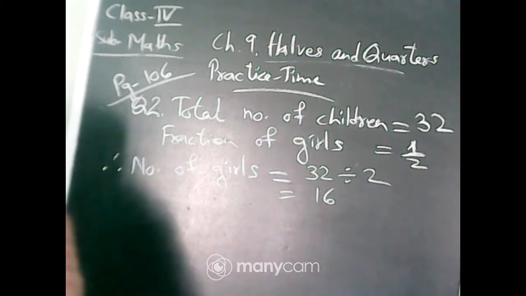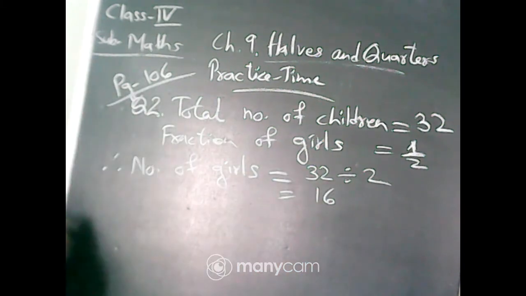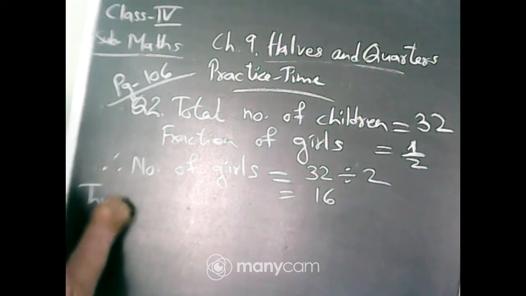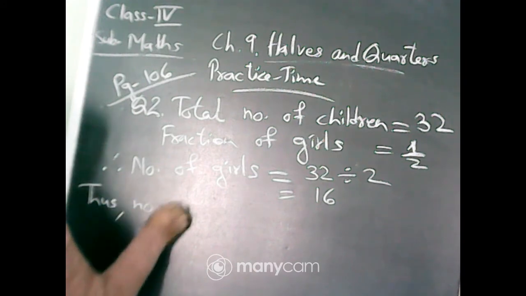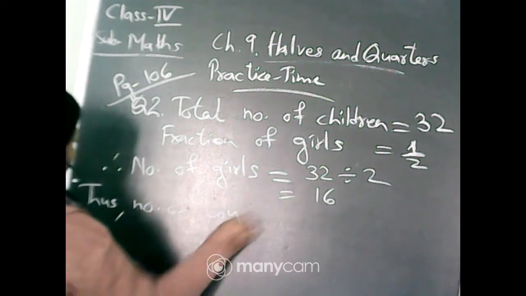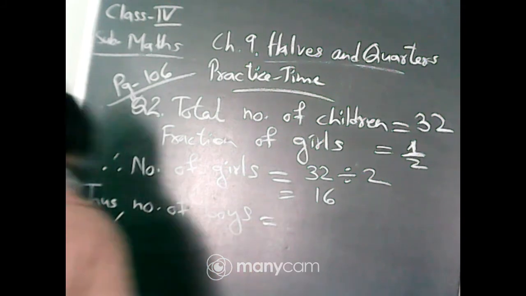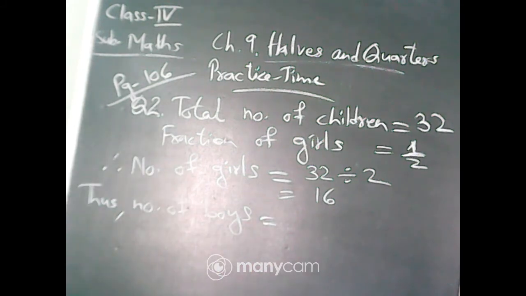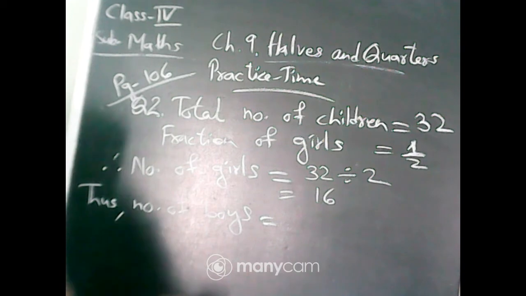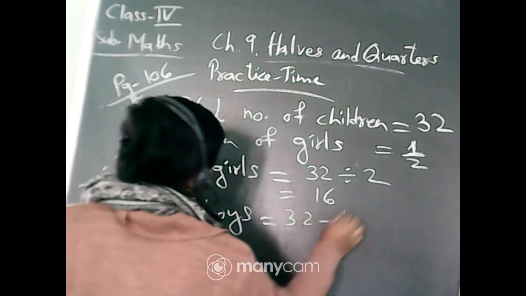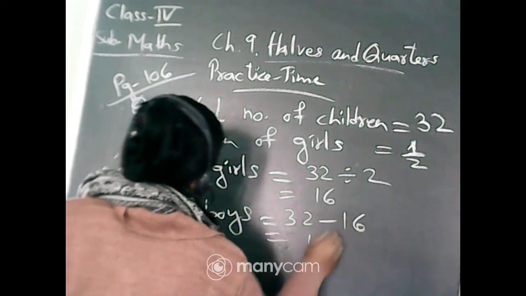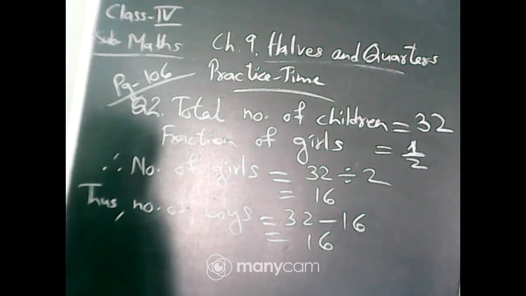Now 16 is for the girls, so for the boys you will write number of boys is equals to 32 minus 16, it is also equals to 16.